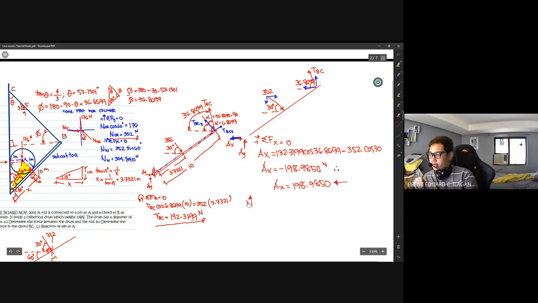Assuming upward direction as positive, take summation of forces y equals 0. So we have AY equals, for the 352, take its y component, so 352 sine 30, minus TBC, 132.3199 sine of 36.8699.